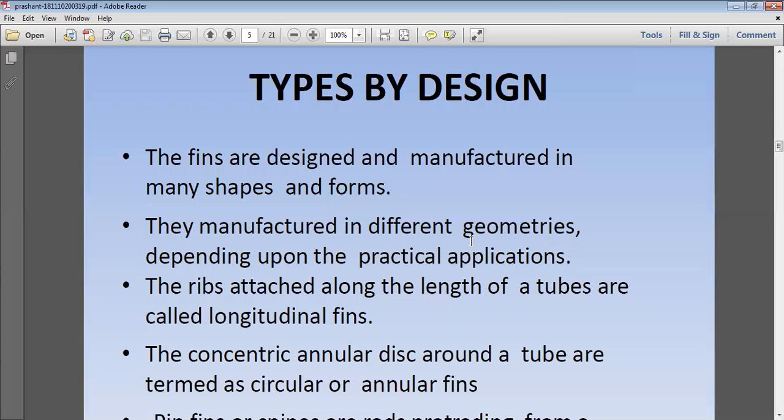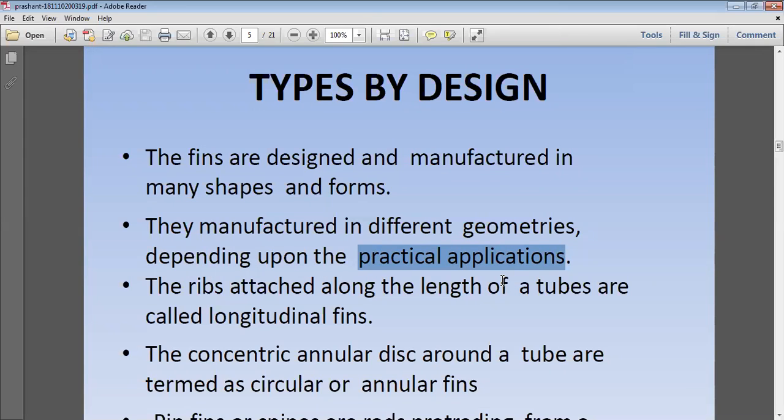They can be fabricated in different geometries, maybe rectangular, circumferential, triangular, or trapezoidal. They are manufactured in different geometries depending upon the practical application, and it depends mainly on what type of application is required.